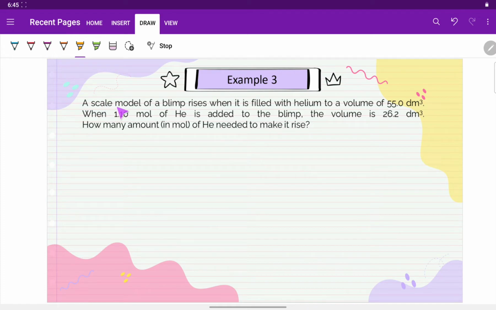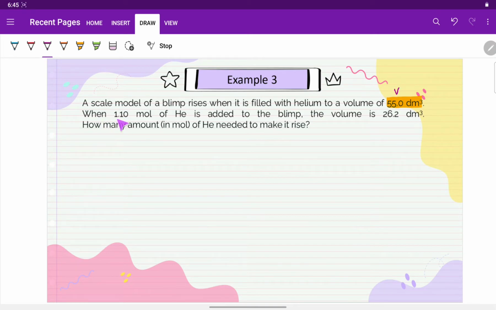Okay, so a scale model of blimp rises when it is filled with helium to a volume of 55.0 decimeter cube. Okay, so kita ada volume kat sini satu. Okay, saya labelkan siap-siap volume.